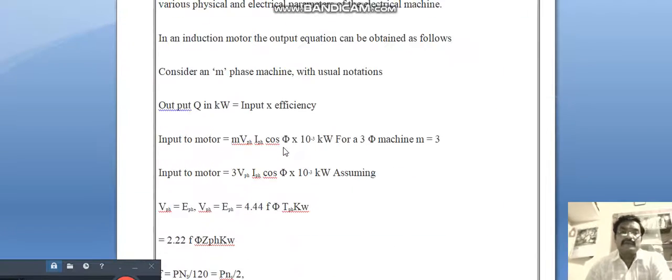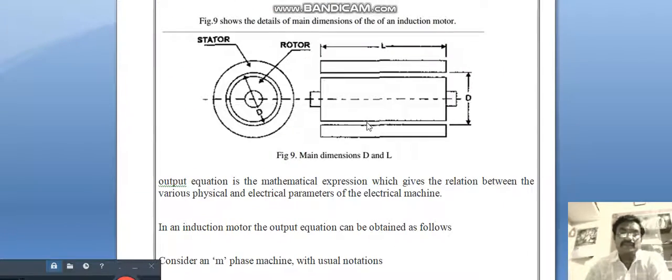So here we are mainly going to find L. L means the length of the armature and D is the diameter of the armature, that is, the air gap diameter, from one side of the air gap to the other.